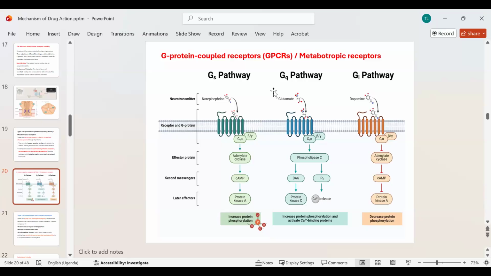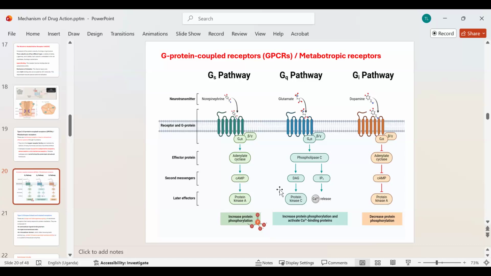So the secondary messenger, just look at this side. We have a neurotransmitter, we have an effector protein, we have a secondary messenger, and the later effectors. What does a secondary messenger do?